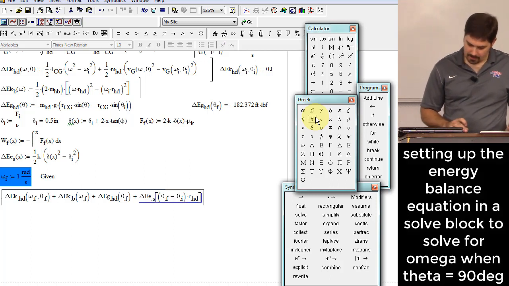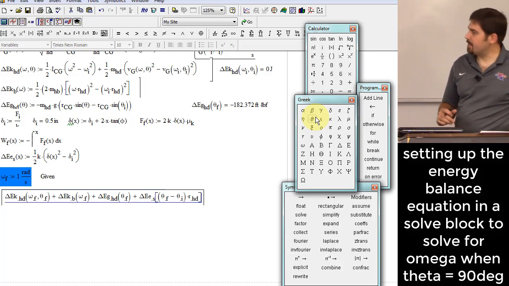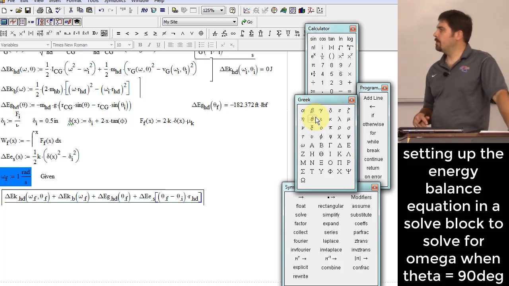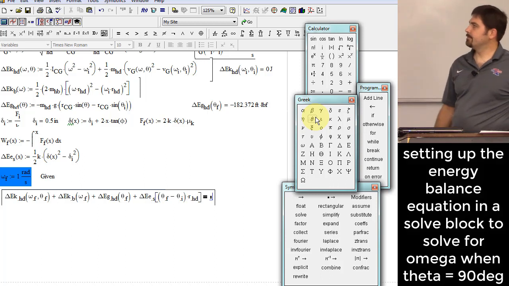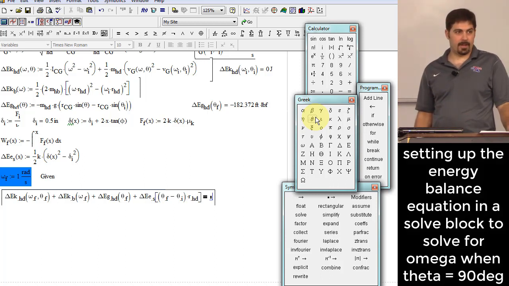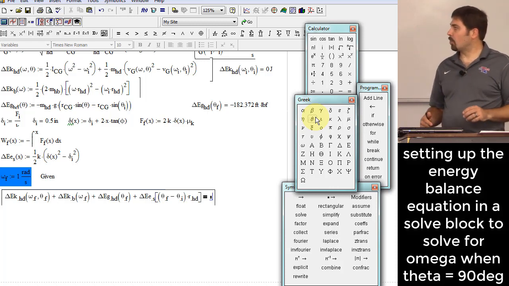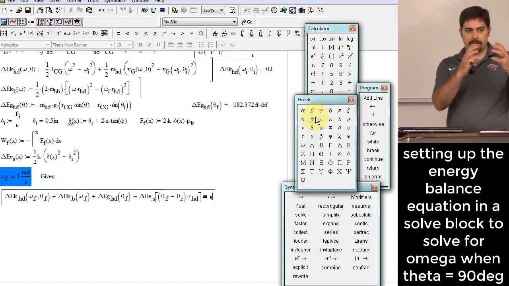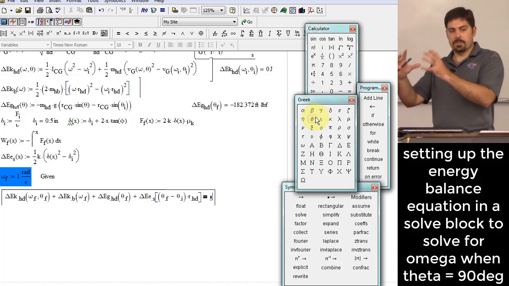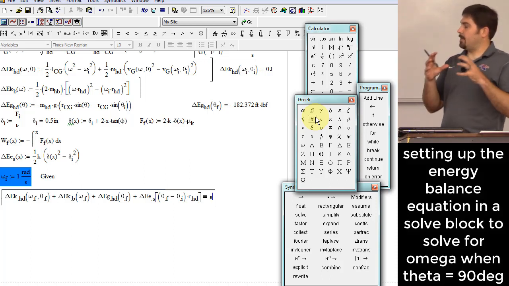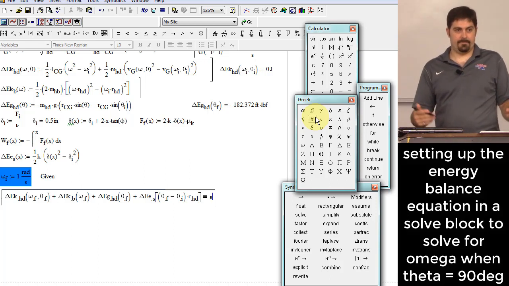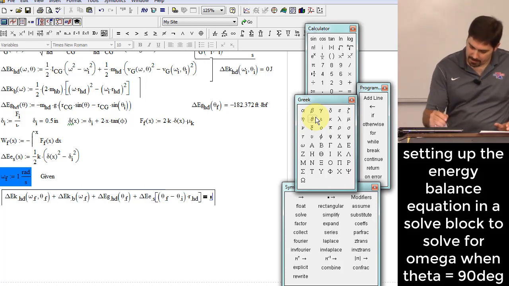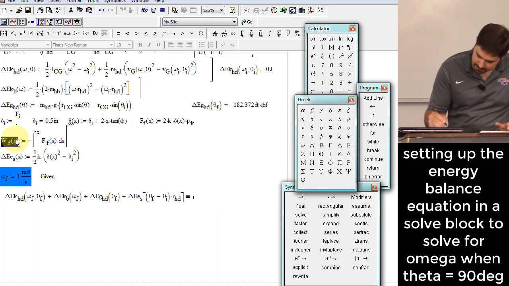Okay, so those are all my changes in the amount of energy stored. What should I set that equal to? The work, right? So that's the amount of work. That's kind of our basic equation, is you evaluate the differences in all of your energy storage elements, and that's going to be set equal to the amount of total change in your system, right? Which is just going to be this.